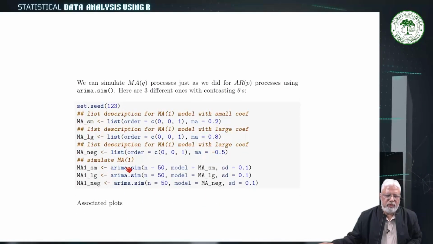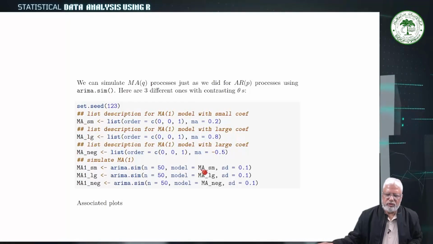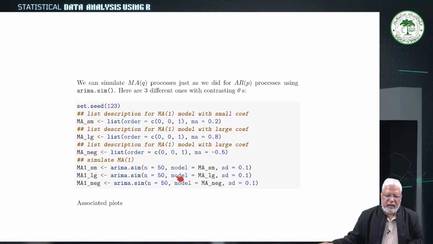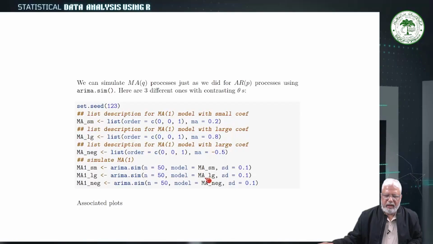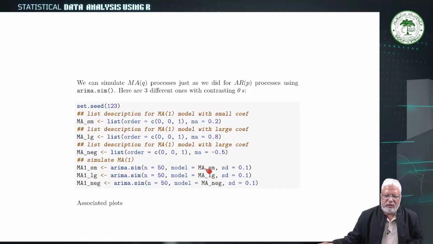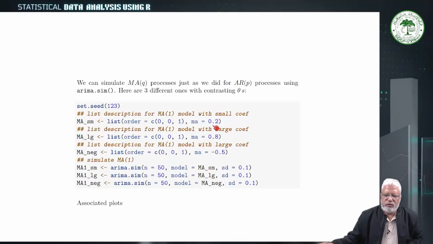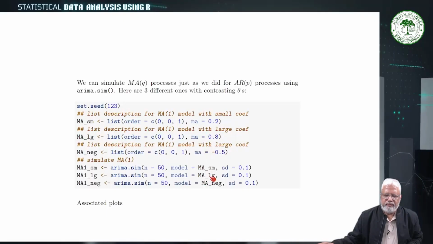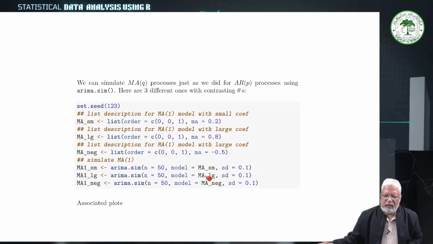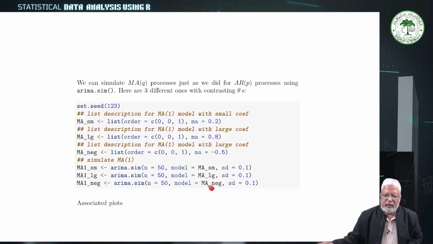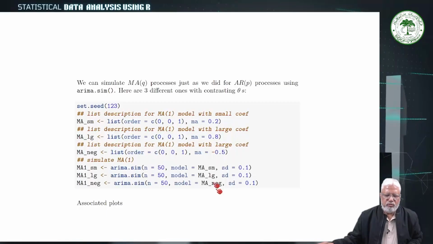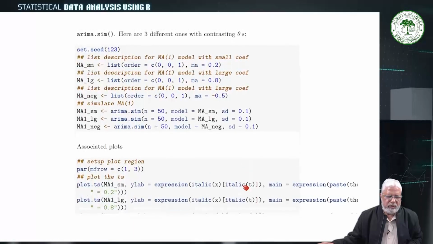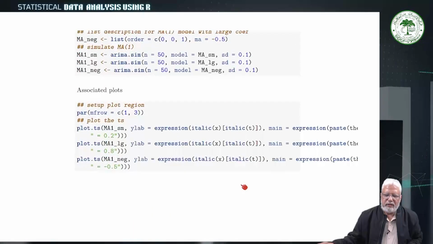Then we will use arima.sim with model equal to MA_sm, SD equal to 0.1, MA_large, with the large value of the coefficient theta, SD equal to 0.1, then MA_neg, with a negative value of theta, and their associated plots using plot.ts.